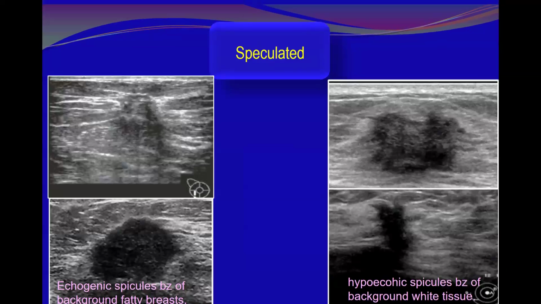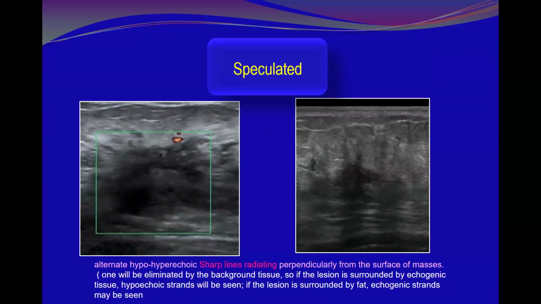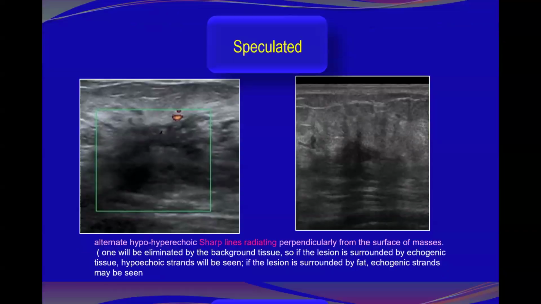So it depends on the background tissue. The spiculations are both hypo and hyper. Both are present, but it depends on the background tissue. It might eliminate one and the other will appear.